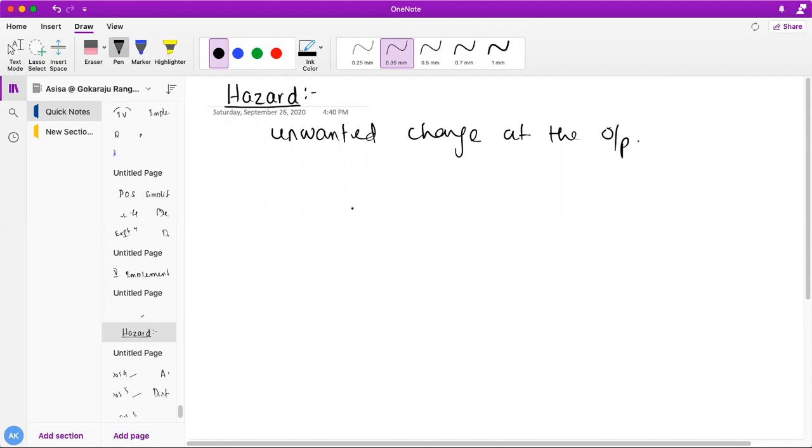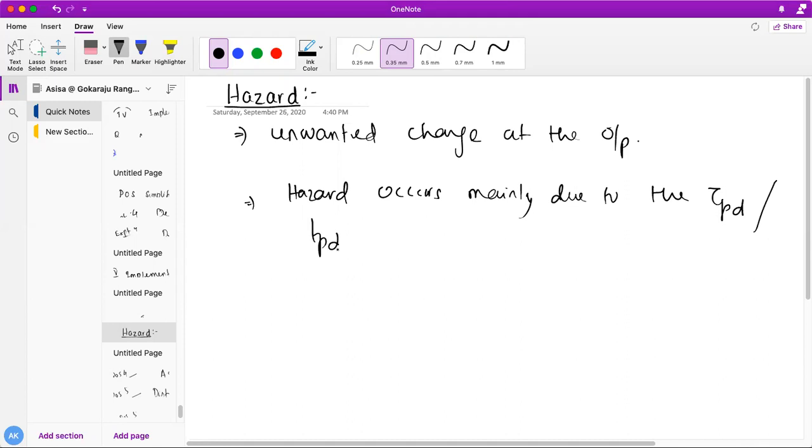So mainly hazard occurs due to the propagation delay of the logic circuit, which is nothing else, tau PD. In some books they write TPD, in some books they write capital TPD. What is propagation delay?